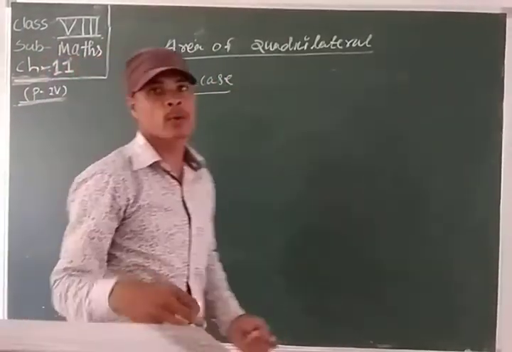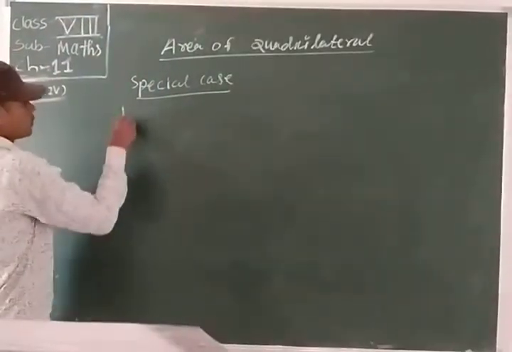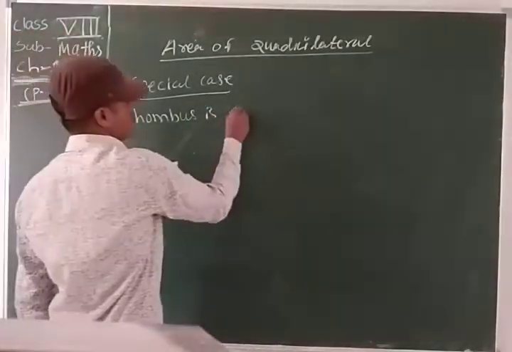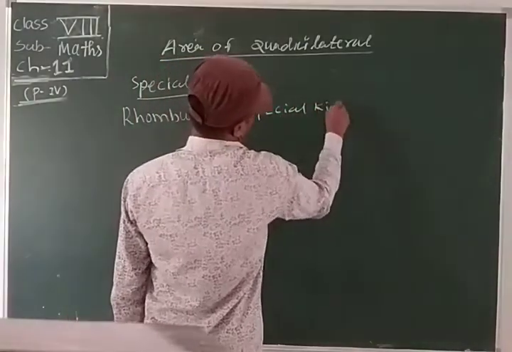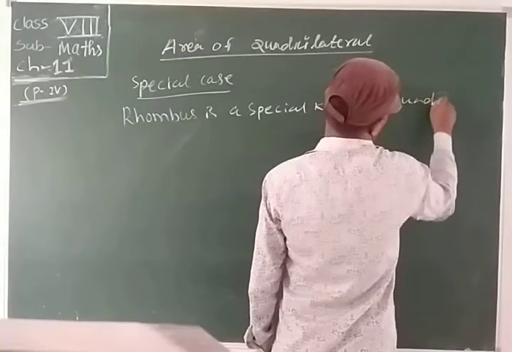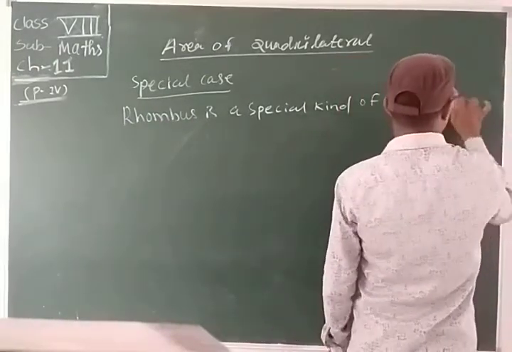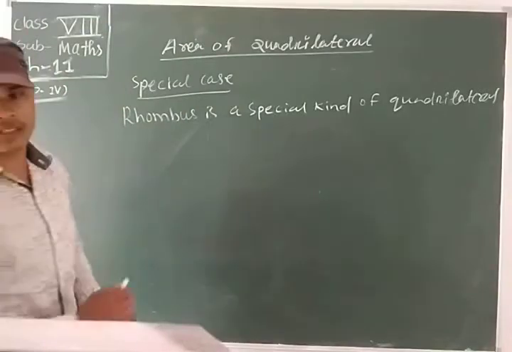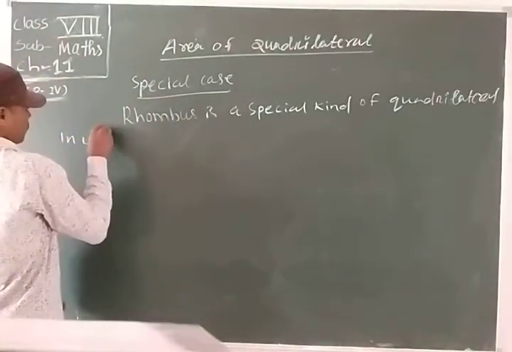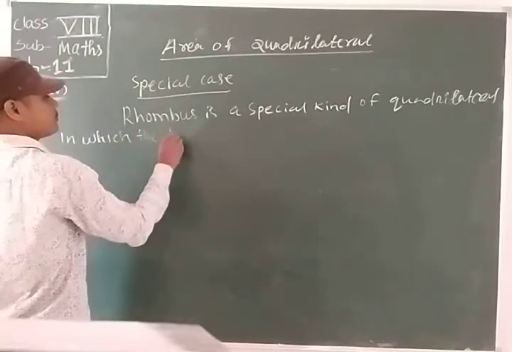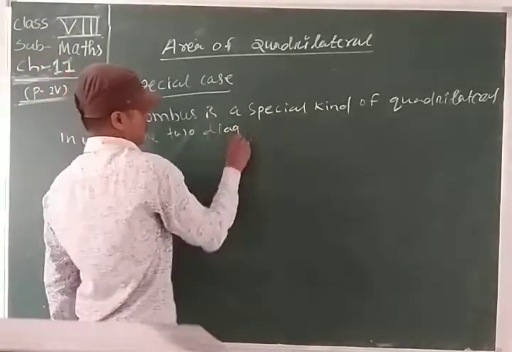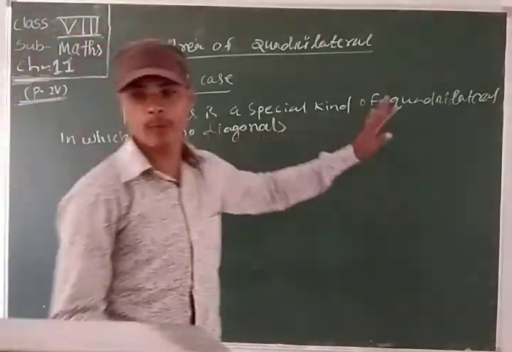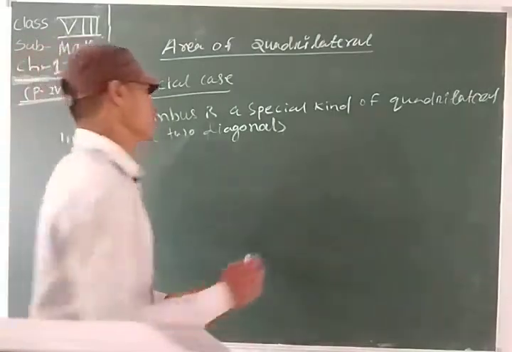Which is the special quadrilateral? The rhombus. A rhombus is a special kind of quadrilateral in which the two diagonals bisect each other.